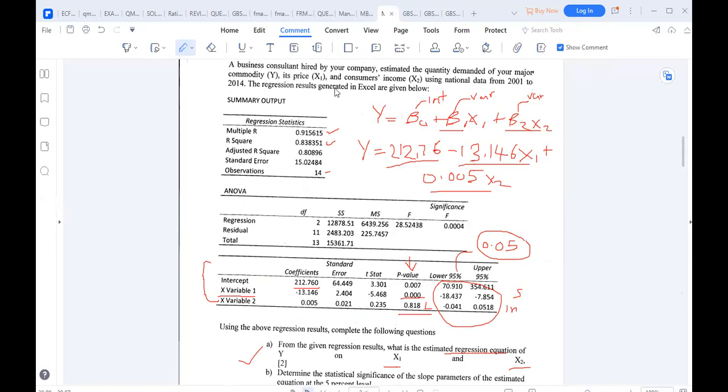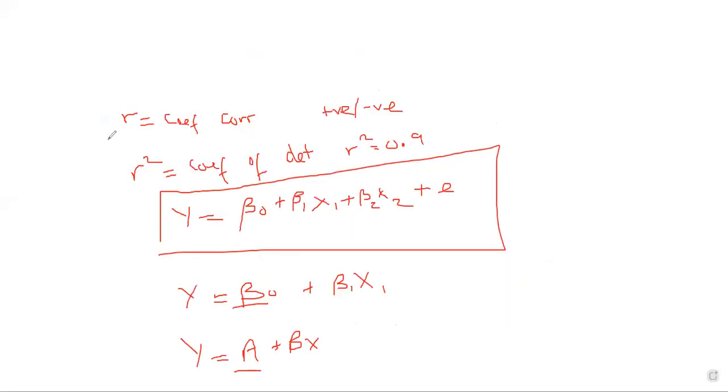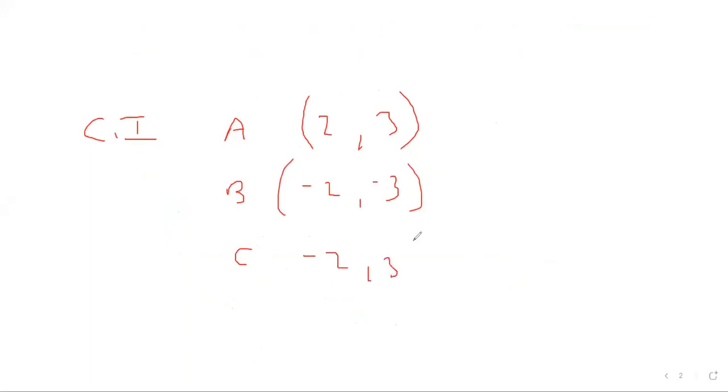We have three confidence intervals here, A, B, and C. Here we have 2, 3. We have -2, -3. Here we have -2, +3. What is prominent about these three confidence intervals?